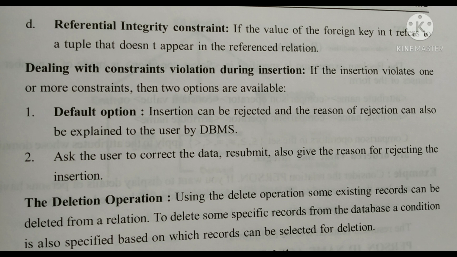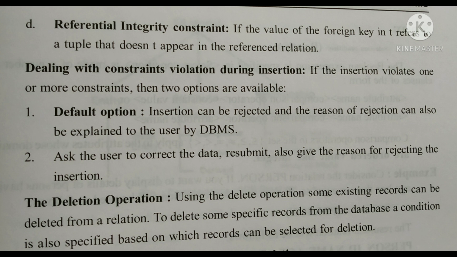The default option is that the insertion can be rejected, and the reason for rejection can also be explained to the user by the DBMS. The other option is to ask the user to correct the data and resubmit, also giving the reason for rejecting the insert.